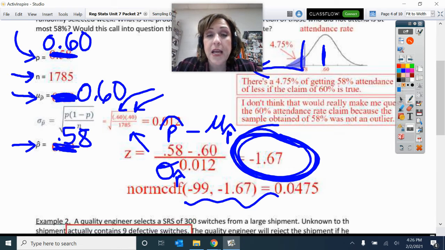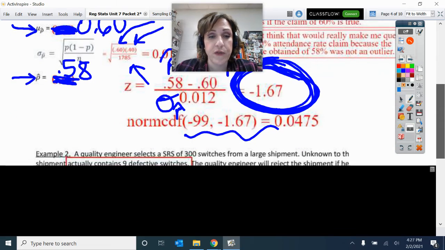No. In order to be unusual, our z-score needs to be 2 or more on the high side or the low side. This is not more than 2 standard deviations away from the mean, so it could happen because of sampling variability. So this does not make me question the 0.60.